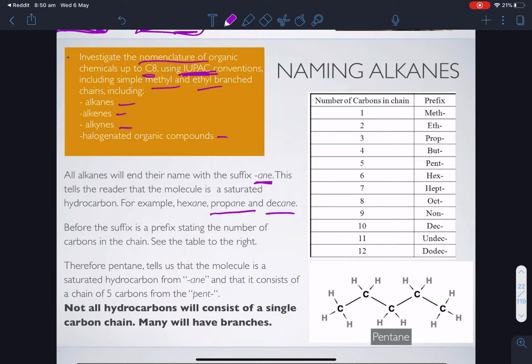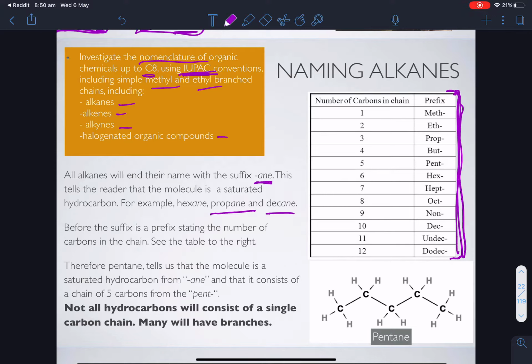Before the suffix, the prefix part of the word states the number of carbons in the chain. I think they're Greek, aren't they? These prefixes are in this table on the right. Methane is saying, number one, it's an alkane, a saturated hydrocarbon. Number two, meth tells us there's only one carbon.